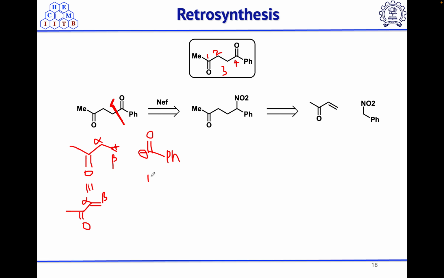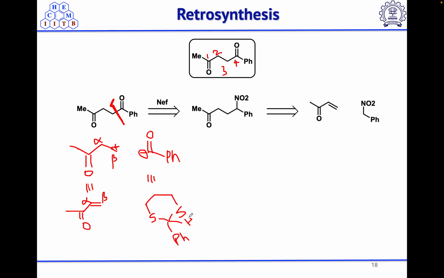And what about the donor synthon? The carbonyl carbon bearing a negative charge means we have to think about umpolung chemistry. So, reversal of polarity: we can think about two different options. Umpolung chemistry of the carbonyl carbon, we can think about 1,3-dithiane based chemistry, because this proton is highly acidic.